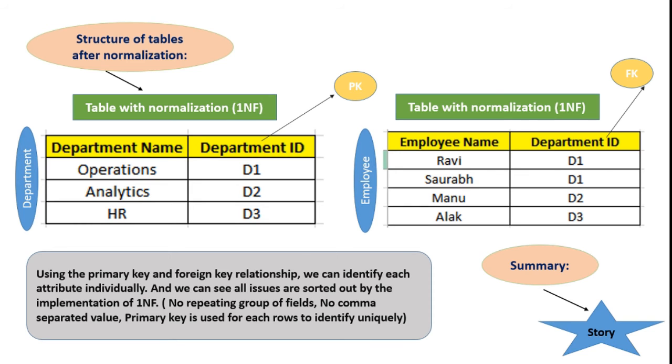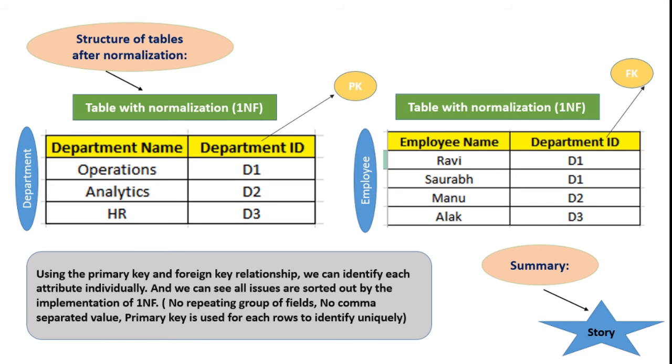So the summary is here. Using the primary key and foreign key relationship, we can identify each attribute individually, and we can see all issues are sorted out by the implementation of 1NF. The issues were that there should not be any comma separated values, and it is reduced over here.